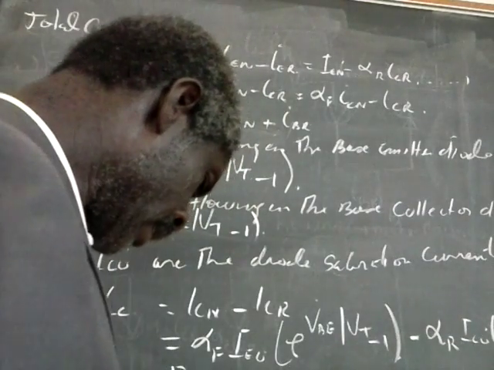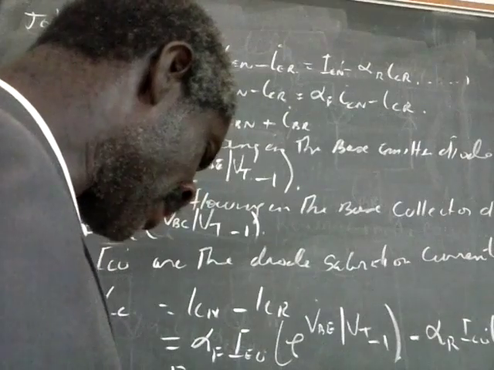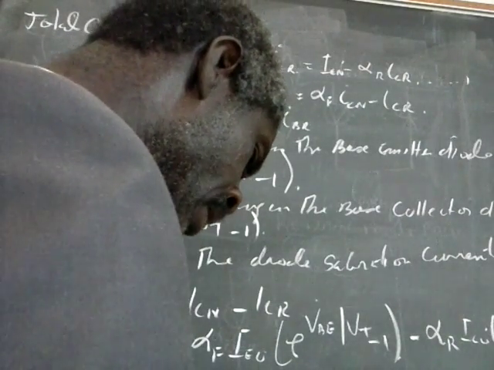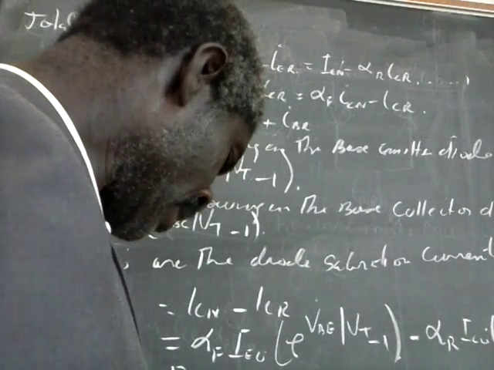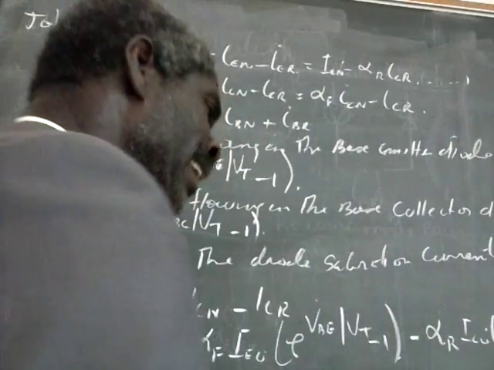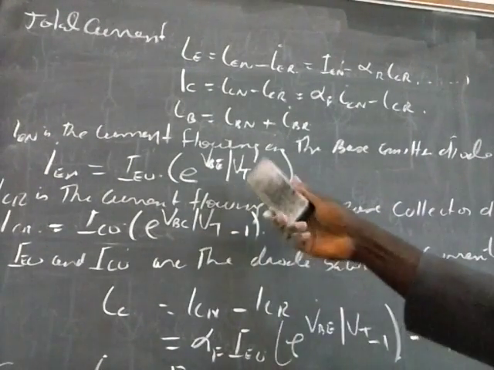And we assume now that the voltage base-emitter and the voltage base-collector both exceed VT, which is approximately equal to 25 millivolts, by a sufficient amount for us to neglect the minus one.